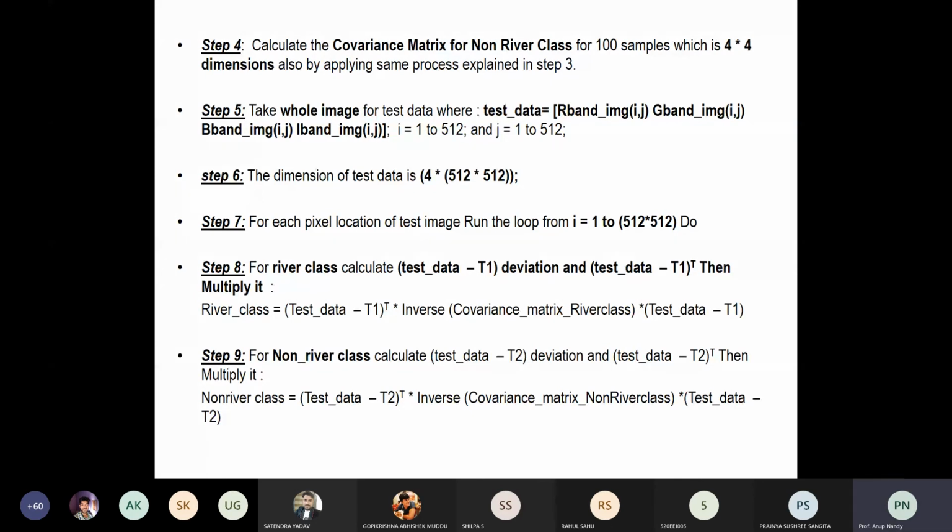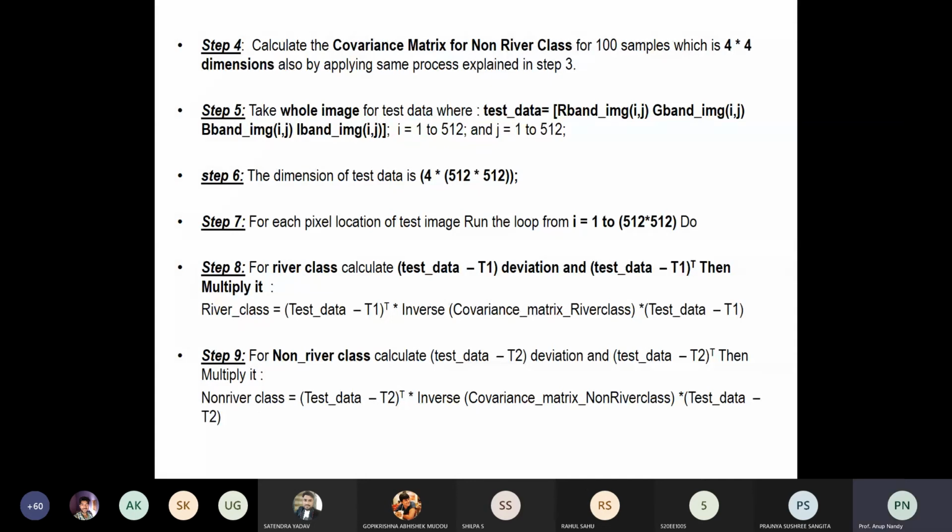Suppose your image size is 4 cross 4 for the time being: 4 rows and 4 columns. How many values can this matrix store? 16 values. If I make I is equal to 1 to 16, you have them row wise.